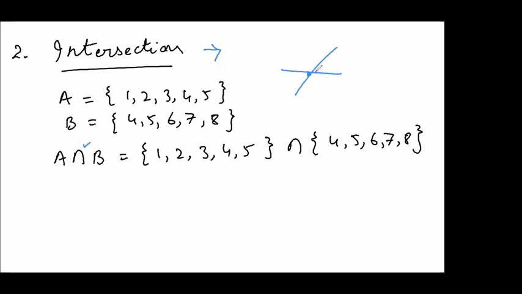For example, here there are two common elements, 4 and 5. So you will write only 4 and 5 in the answer. Intersection means common elements which are common in both the sets. Always write the common elements in both the sets.